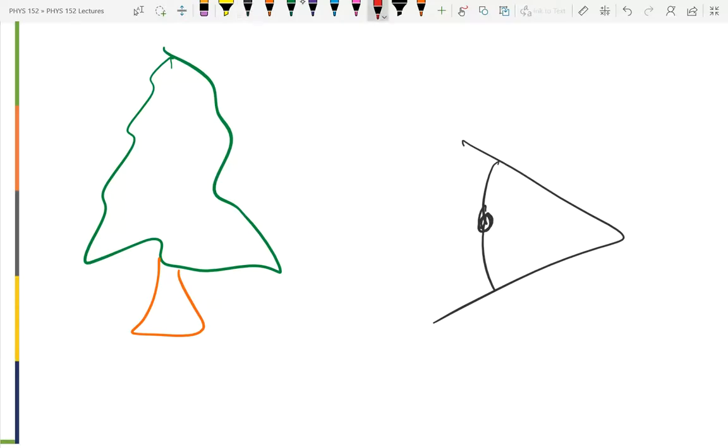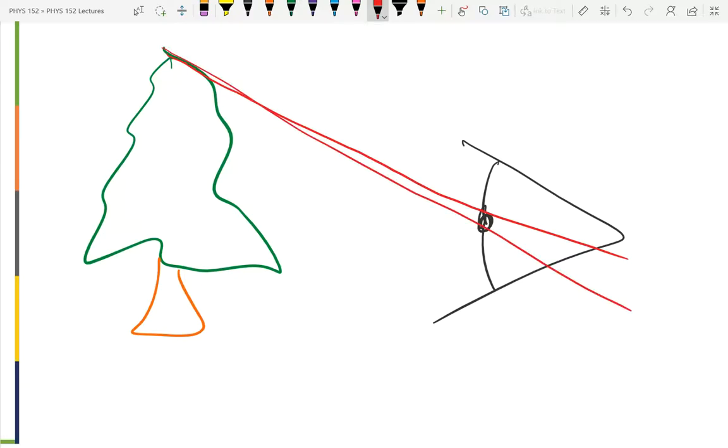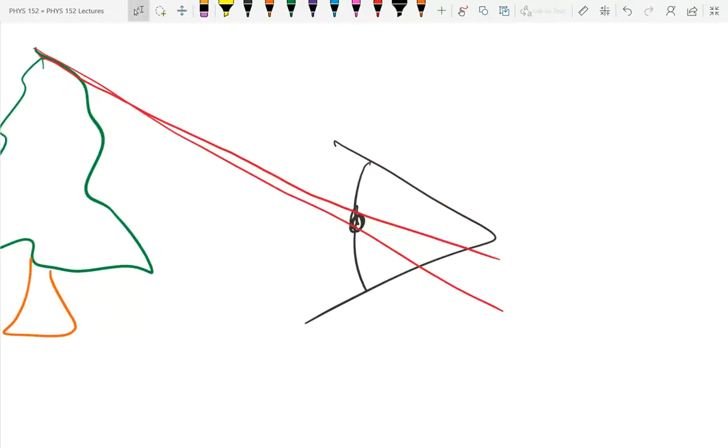Light from the top of the tree goes in, and some goes in there, and some goes in there. Now, my lines aren't perfect, but if you get to the retina, so let's say here's the retina, the top of the tree is in some region like this.